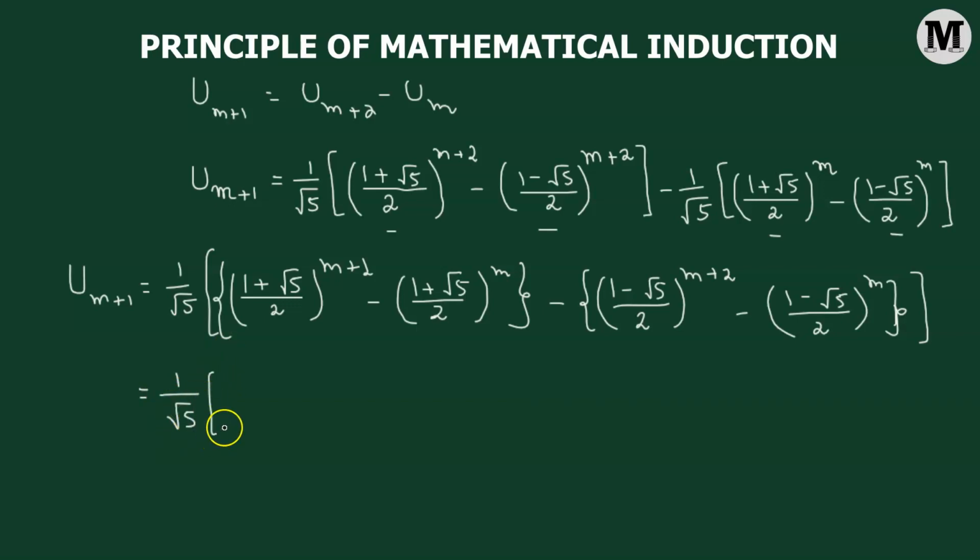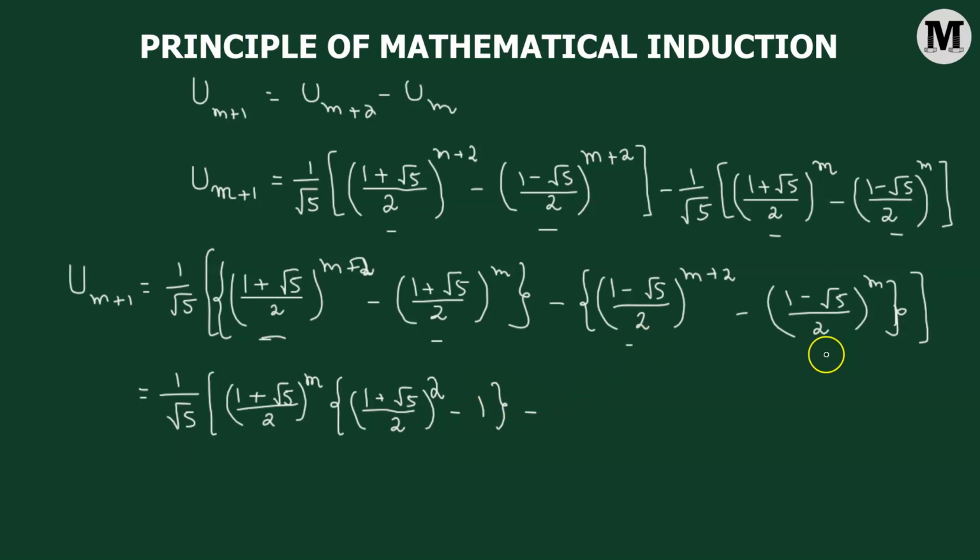Now from these two terms, we are going to take (1 plus square root of 5 divided by 2) whole raised to the power of m as the common factor, such that from this term, where we had m plus 2, we'll be left with (1 plus square root of 5 divided by 2) whole squared minus 1. Fine.